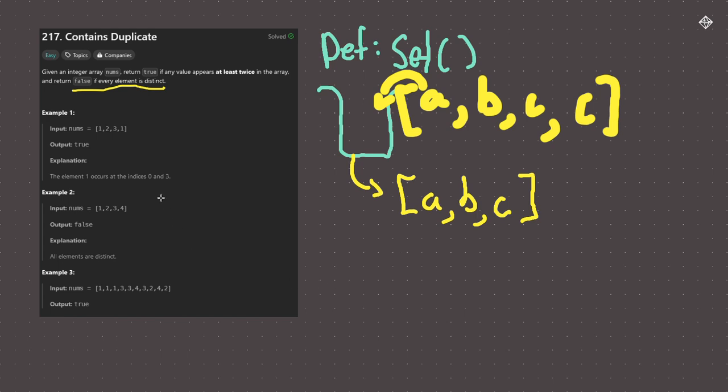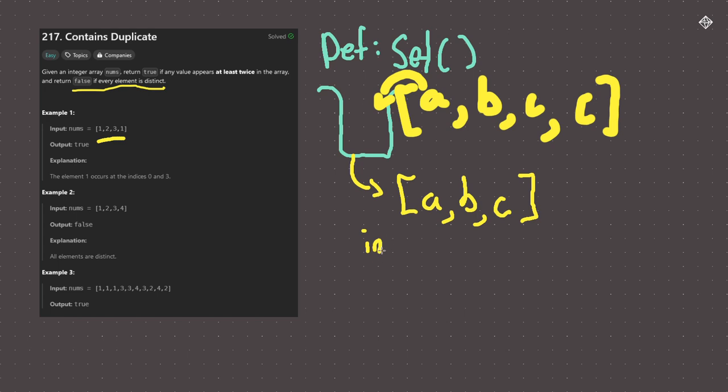And that's really helpful in this case because if you define a set, you can iterate through your nums array and essentially just use the in operator. If A is in my set, then return true.